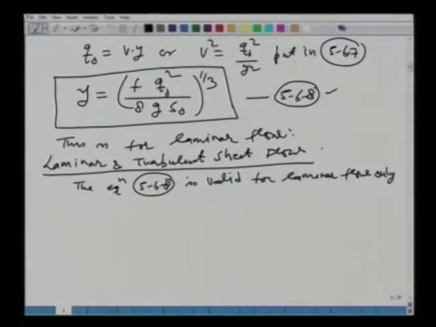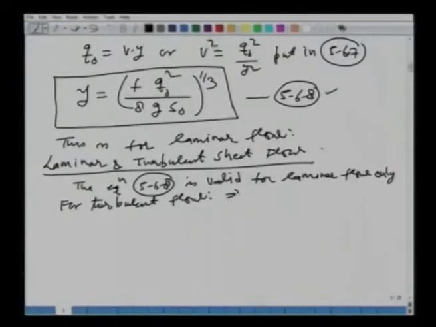Okay. For turbulent flow, which equation is the most important? We saw that in the laminar flow we used an expression which is similar to the Darcy-Weisbach equation in pipe flow.